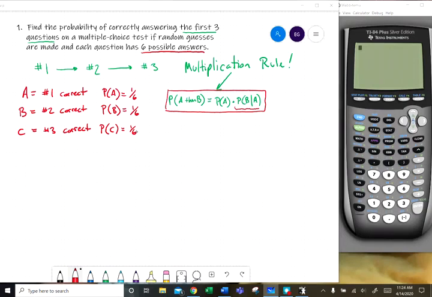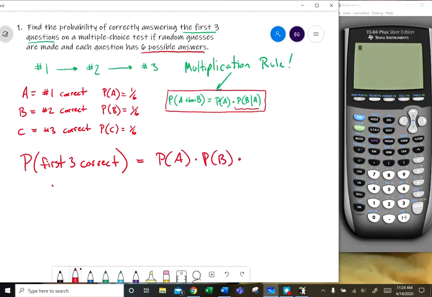So the multiplication rule of probability says that the probability that the first 3 are correct should equal the probability of A times the probability of B times the probability of C, which in this case is 1 over 6 times 1 over 6 times 1 over 6, or we could simply say 1 over 6 to the 3rd power.